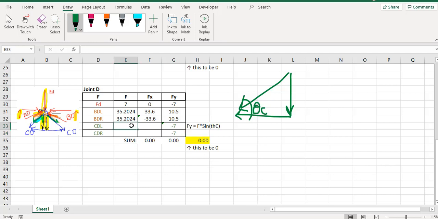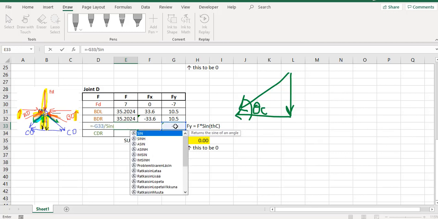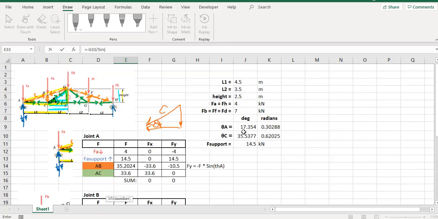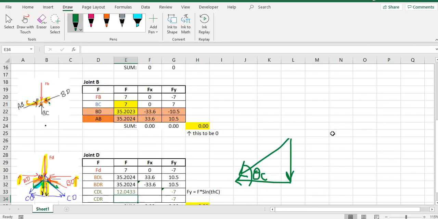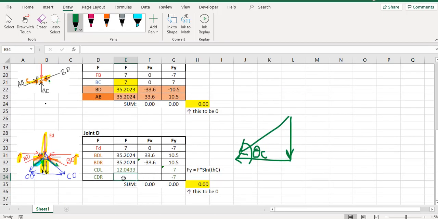So F is equal to, and we'll just go for the magnitude here, so I'm going to get rid of that negative sign, Fy divided by sine of theta c. We have the same magnitude in each of these. The x components are just going to balance each other out.